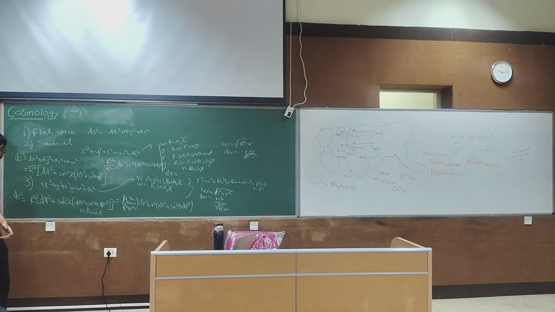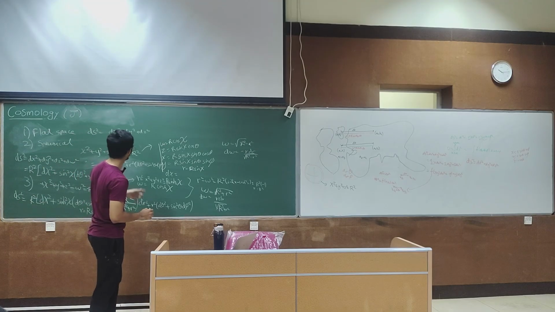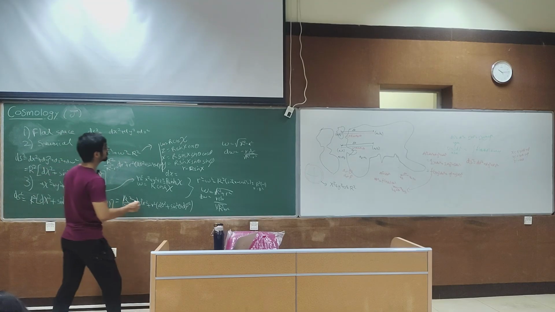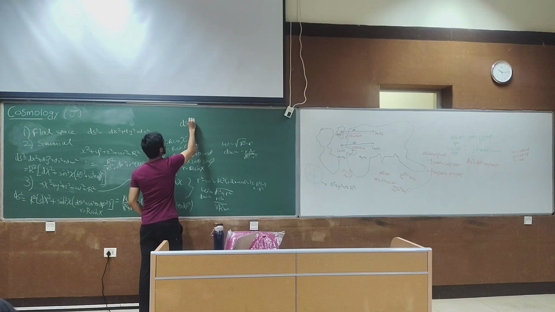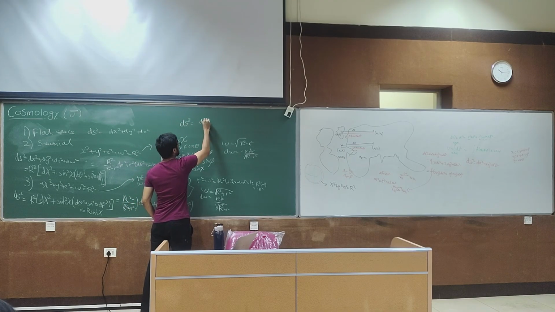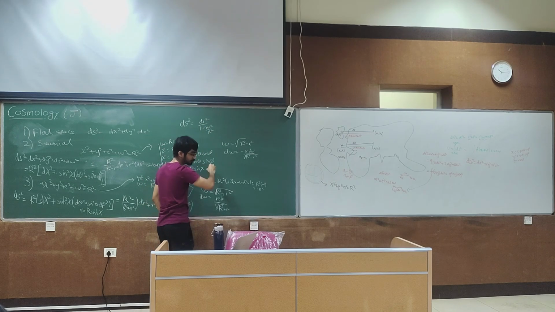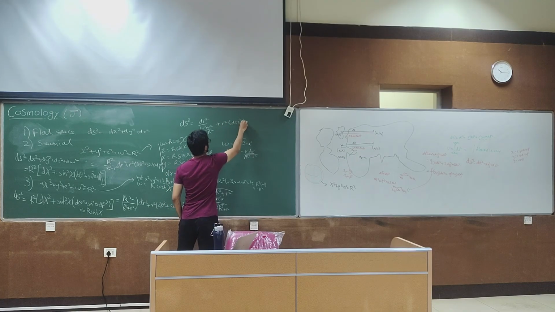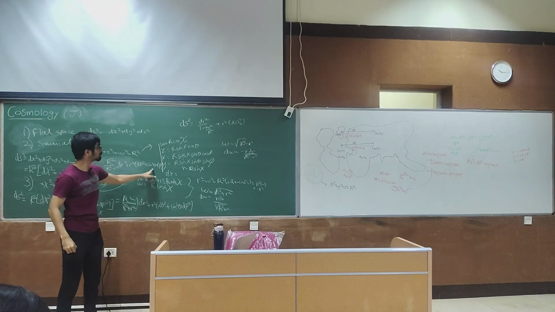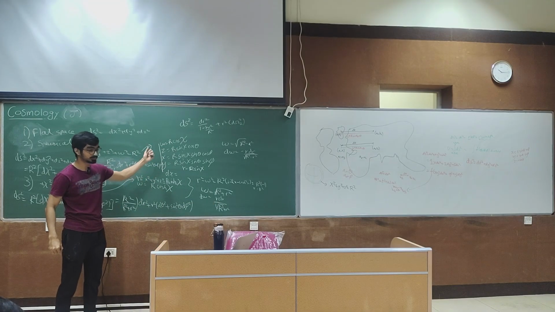Any doubt till now? No? Then we can combine all these three into one single equation given by ds squared equal to dr squared by 1 minus k r squared over R squared, plus r squared d omega 2 squared, where omega 2 is just this element. Is that fine?